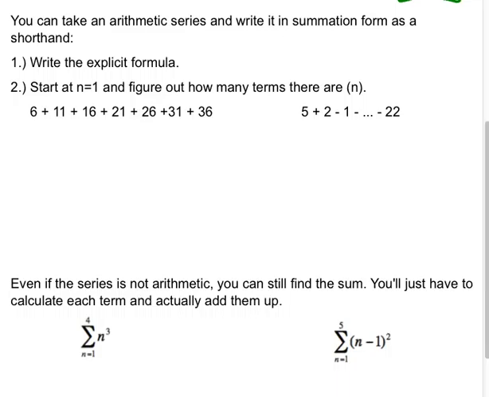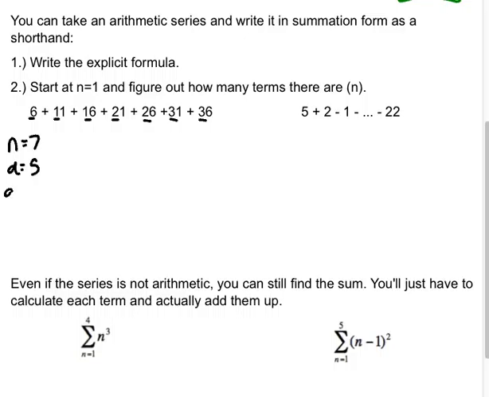So here, 1, 2, 3, 4, 5, 6, 7. Well, I already know that n is 7. And in this case, my d is 5. And why am I going to need to know D? Well, if I need the explicit formula, D is very important within that formula, right?